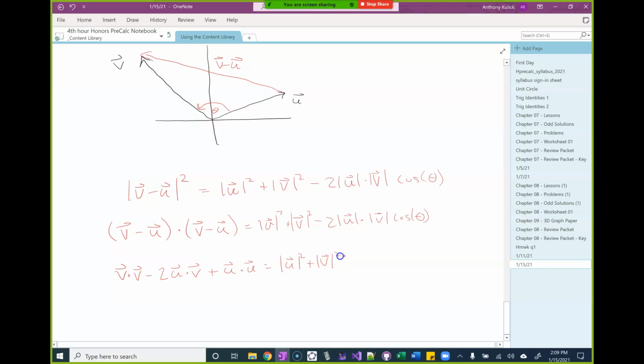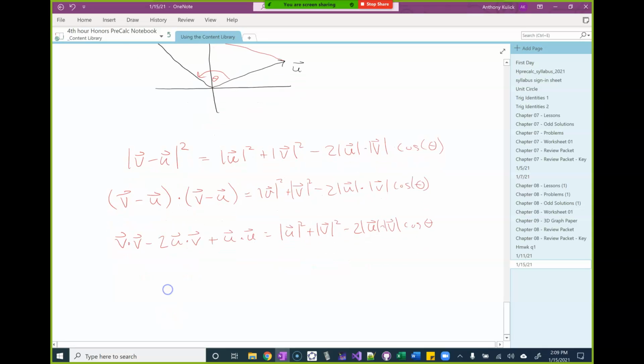So far, so good. V dot V is the magnitude property again. And U dot U is also the magnitude property again.